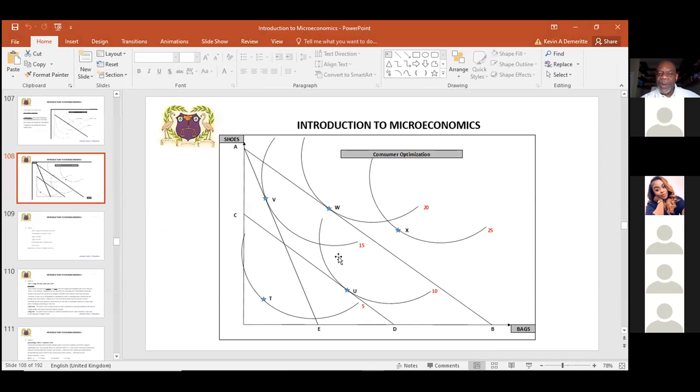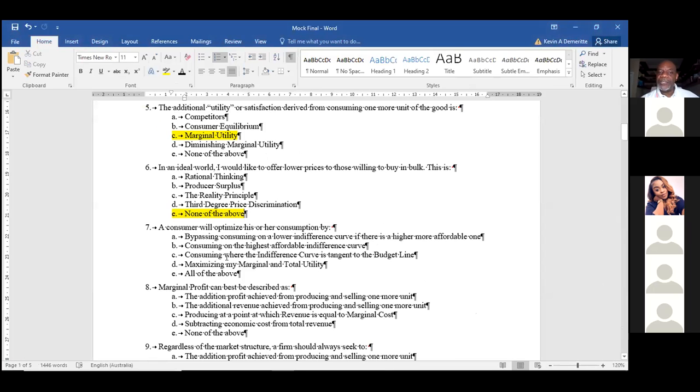We don't consume anywhere else on those indifference curves. We only consume where those indifference curves just touch, or are tangent to, the budget line. So yes, it is true that we would consume where the indifference curve is tangent to the budget line.